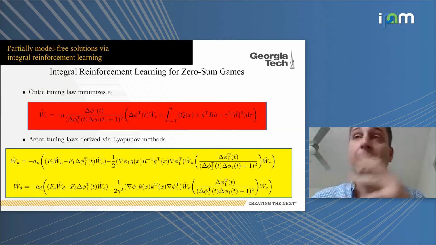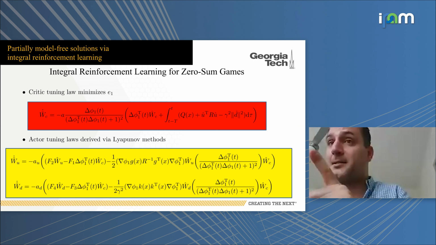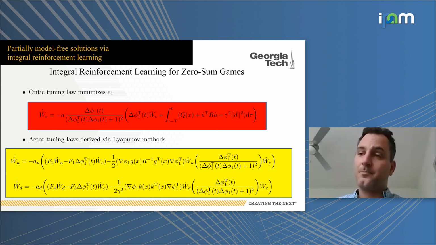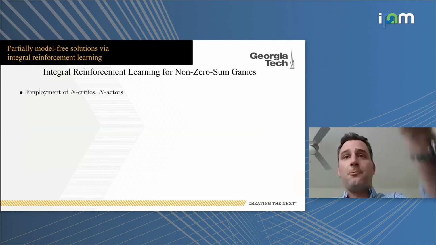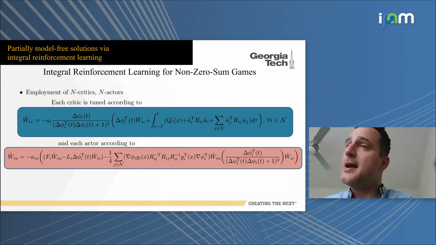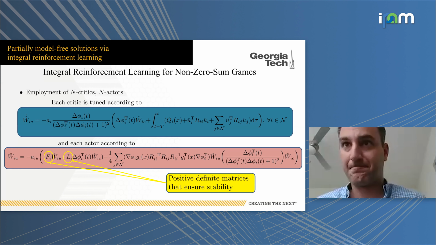So the only available information now, I would say, is my g and my k. But I don't know my drift dynamics, and I can still converge to the same solution as if I knew the system. Okay, and then we have done it for different kinds of games, and we have exactly the same solution, and we proved that the two things that we described before are the same.